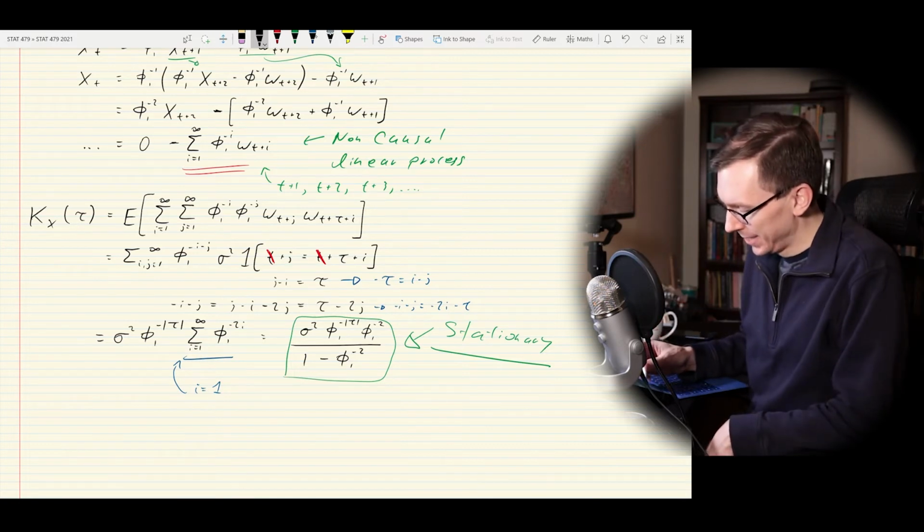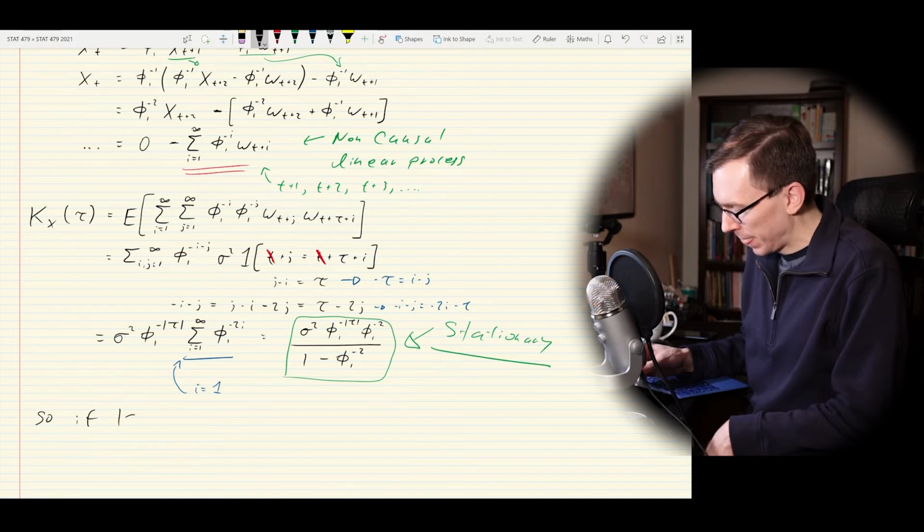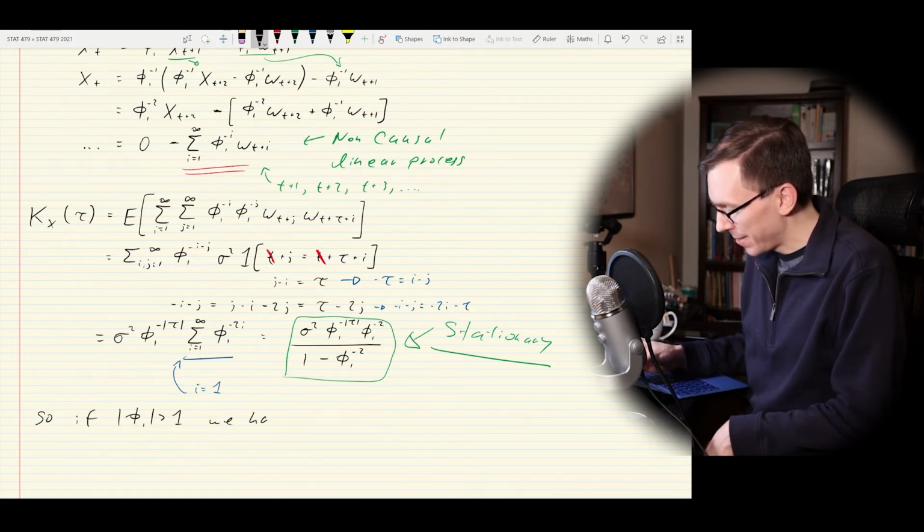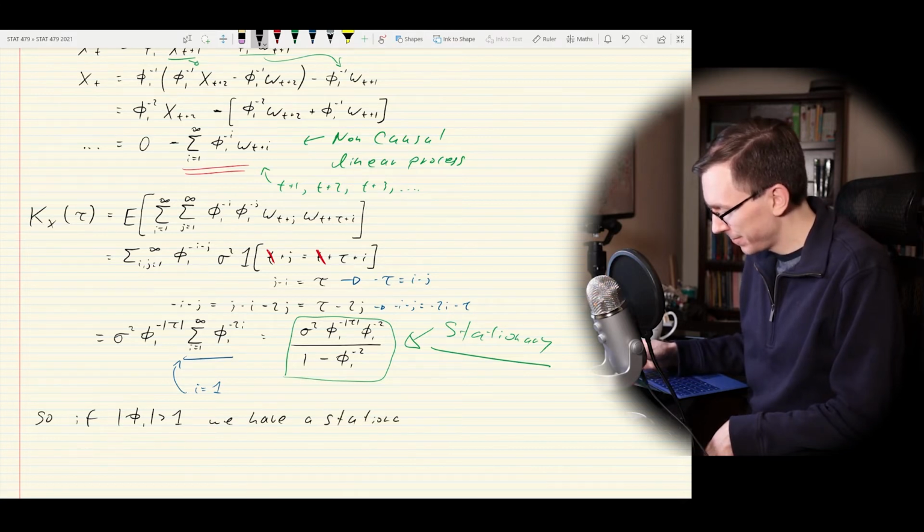So actually, if phi 1 is greater than 1, we have a stationary process, which is cool, but it's not causal.